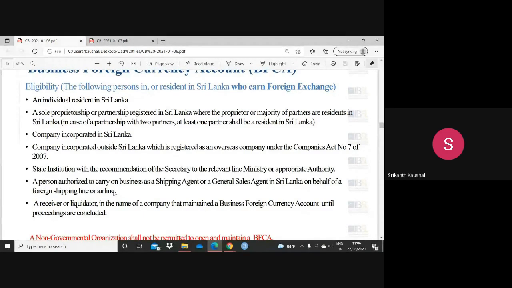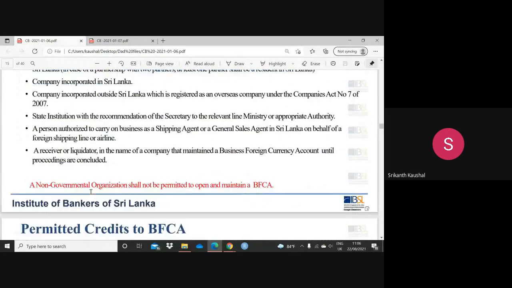Therefore, the central bank has not considered NGOs to open business foreign currency accounts. Other than that, individual, sole proprietor, partnership, companies, government institution, all are permitted, provided they earn foreign exchange. They have to prove to the bank they earn foreign exchange, right? So those people are permitted to open a BSEA account.